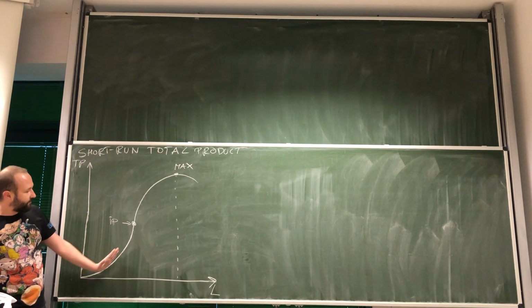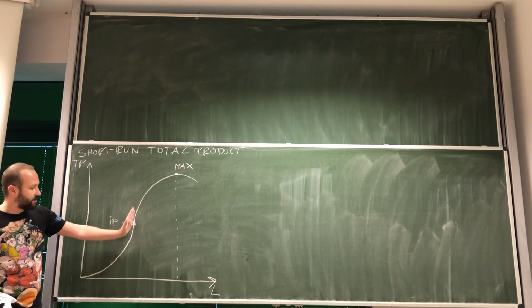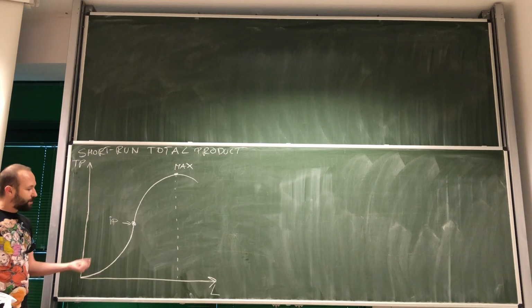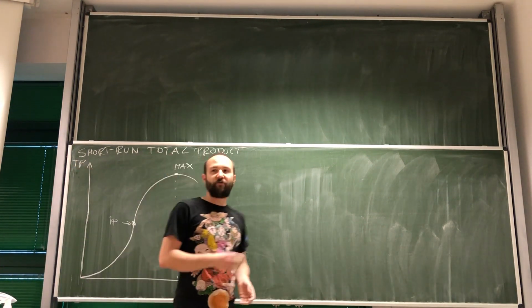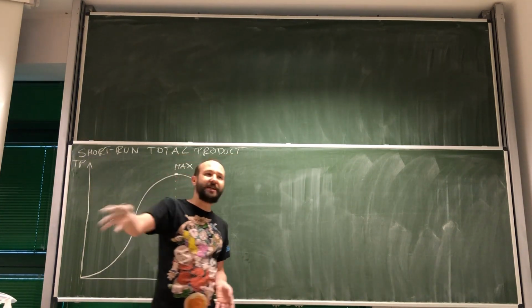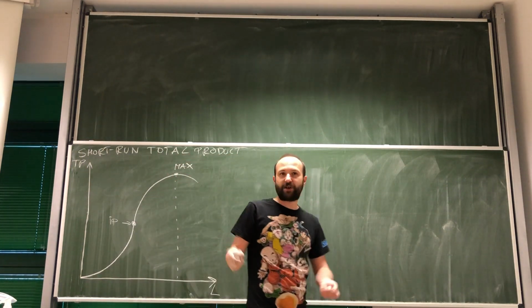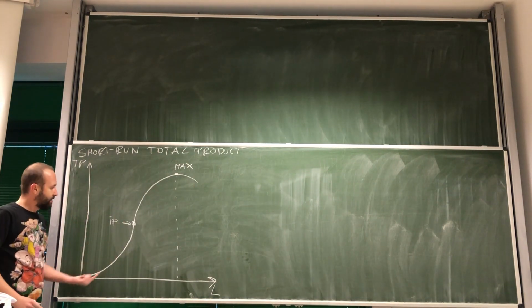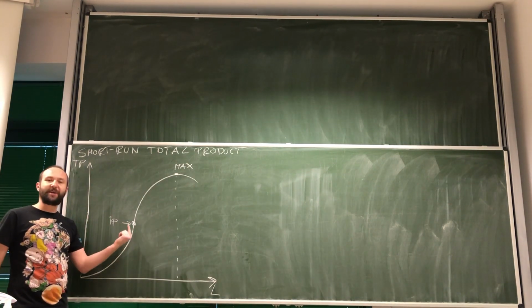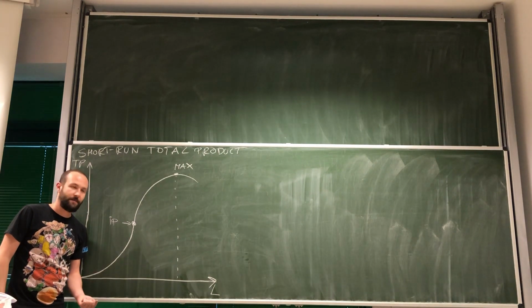You see, this part of the function is convex, right? So at the beginning, when we hire more and more workers, because instead of one worker doing 3 separate tasks, each worker can specialize, the level of production in the company increases more than proportionally.